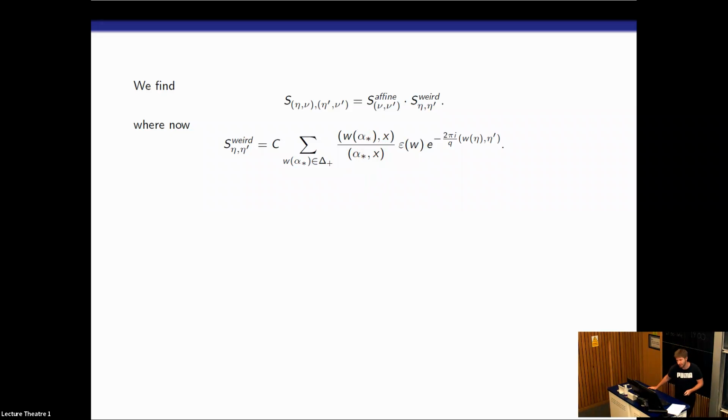Oddly enough, this formula, which explicitly depends on X, in fact doesn't depend on X. It's independent of X. That's true because this is computing some fusion rules, but I don't know an elementary proof of this. For any given root system, I sort of know how to prove it, but I don't have a general elementary proof.